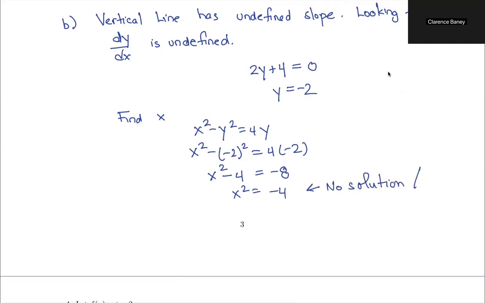They're imaginary solutions, but we're not dealing in imaginary, we're dealing in real calculus, and so that means there's no such point where the graph has a vertical tangent line.